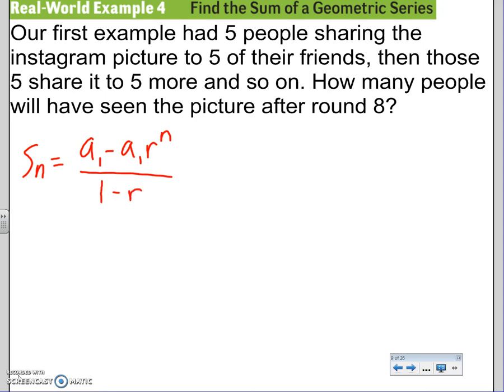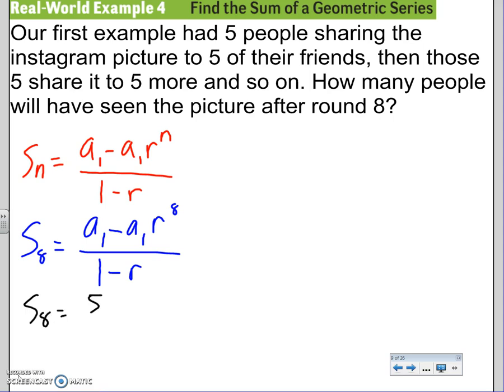If I fill in this stuff, the sum after 8 rounds is a sub 1 minus a sub 1 times r to the 8 over 1 minus r. Well, let's fill in the numbers. a sub 1 is 5. So it is 5 minus 5 times r, they shared with 5 people, to the 8th power, over 1 minus 5.